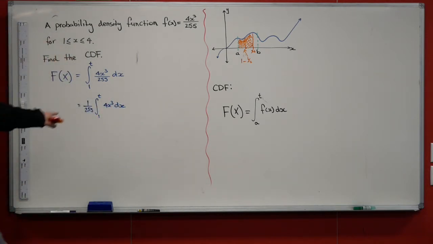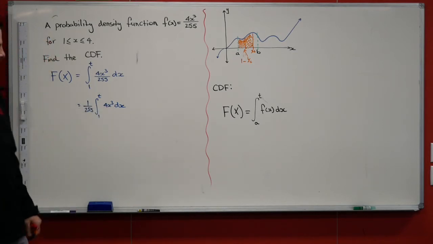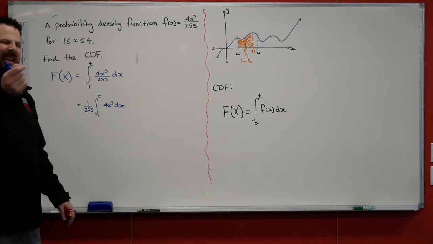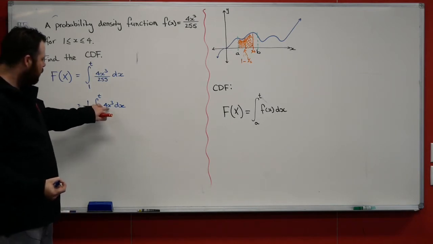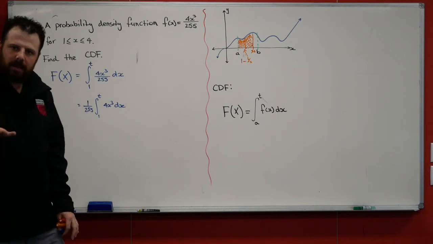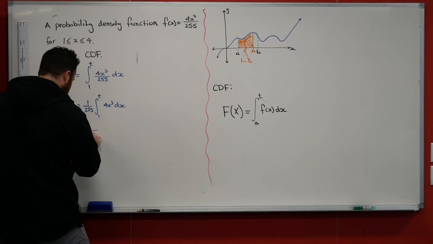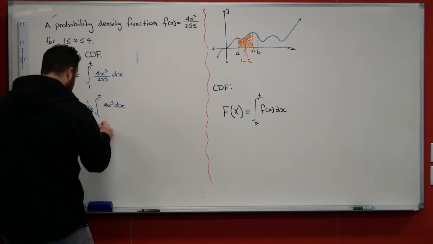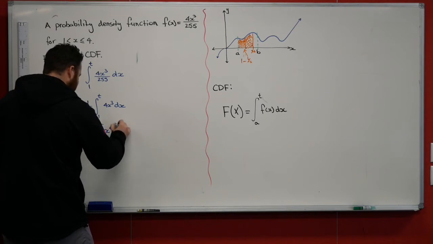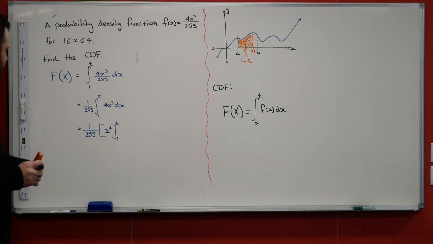Adding 1 to the power, 4x cubed becomes to the power 4. So it's x to the power 4, and I've then got to divide that by 4. So 4x to the power 4 over 4 just becomes x to the power of 4. So we now have 1 over 255 outside of x to the power 4 evaluated between 1 and t.